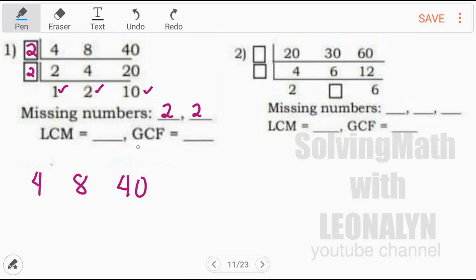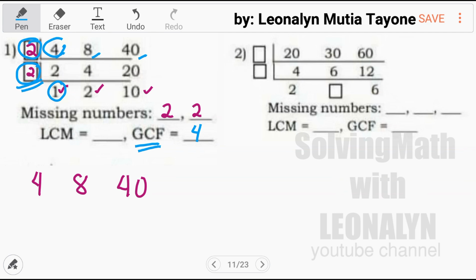Now, unahin muna nating hanapin si greatest common factor. Sa kanilang tatlo, 4, 8, 40, si 4 ang pinakamaliit. Hanggang dito lang, at ang i-multiply natin ay itong 2 times 2 and that is 4.